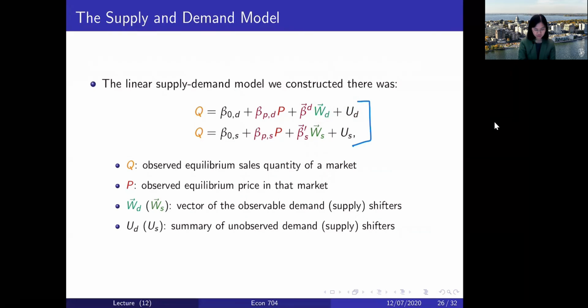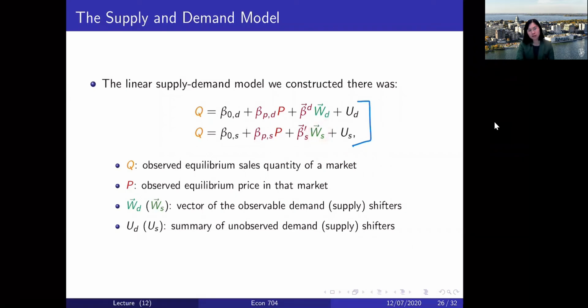And WS and US are the supply shifters. WS are the observable ones and US are the unobservable ones. Supply shifters are typically the cost-related factors that affect the firm's supply given price level.